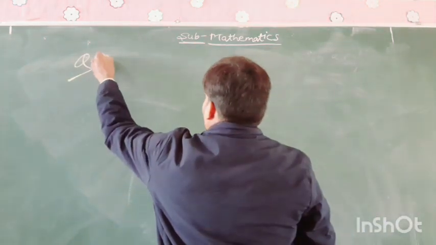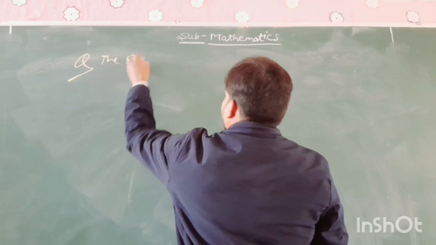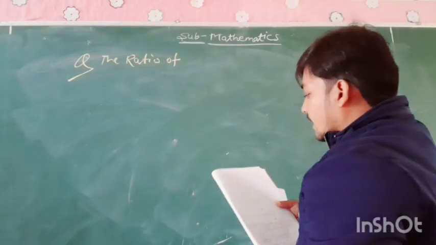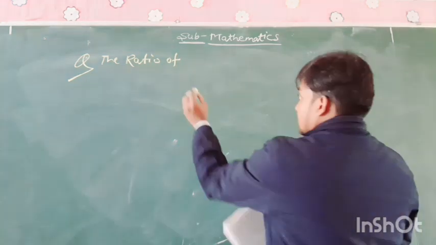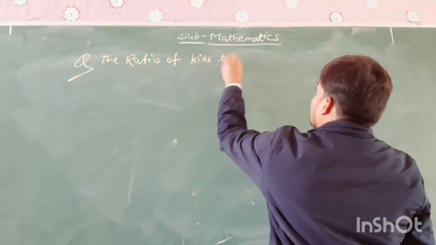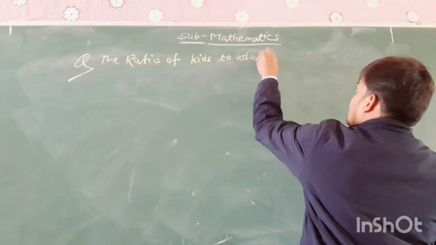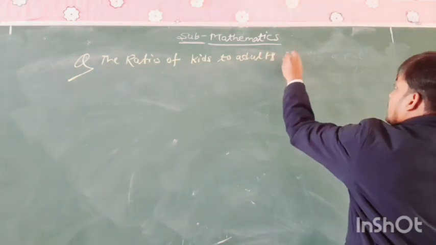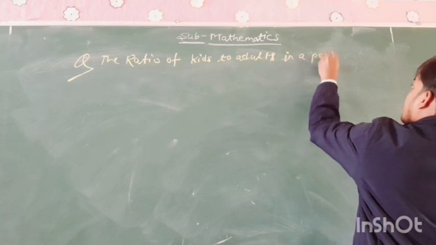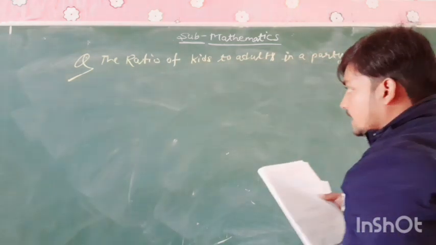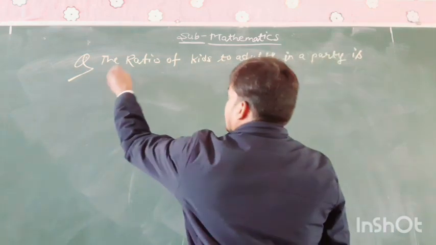The ratio of kids to adults in a party is 5:3.